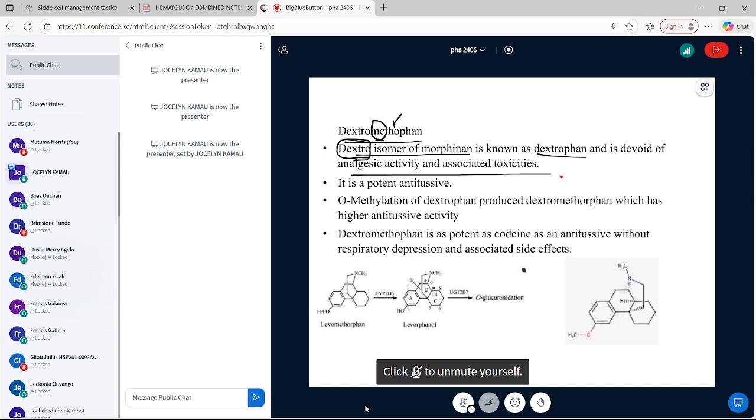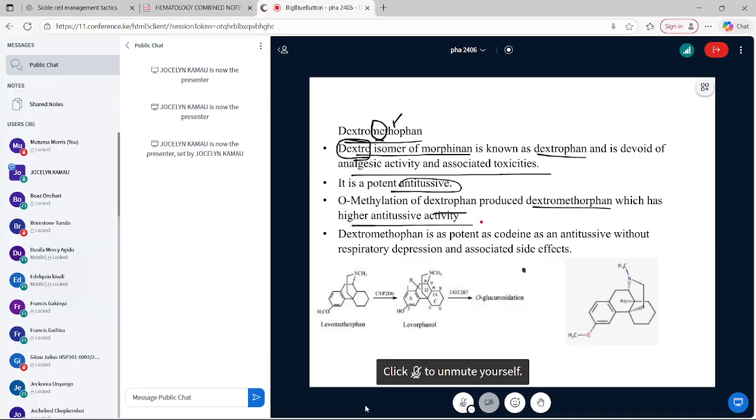It is the levo isomers that have activity. Even when you remove the ether linkage, the same applies. It is a potent antitussive. That is dextrorphan. Methylation of dextrorphan produces dextromethorphan, which has higher antitussive activity.